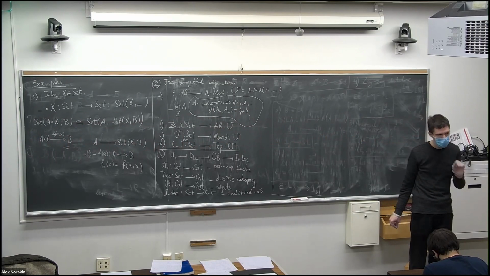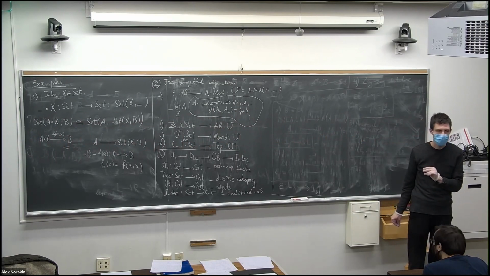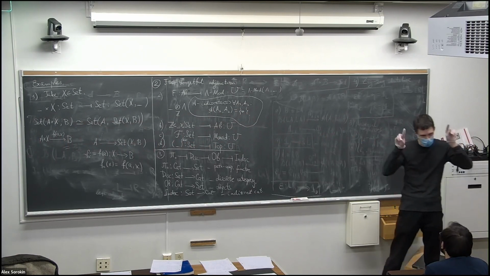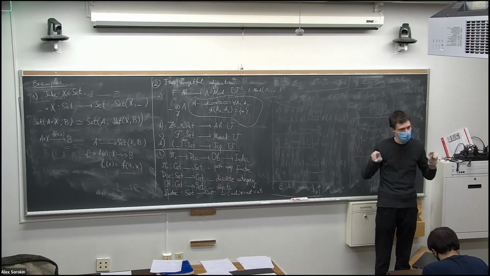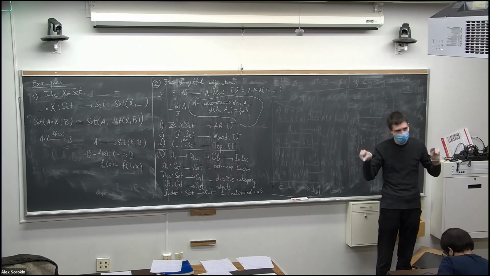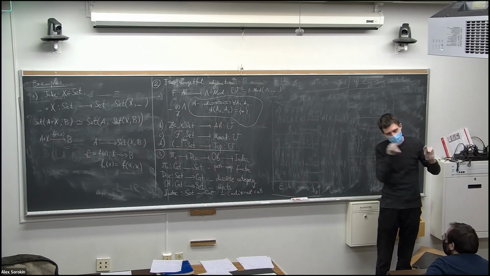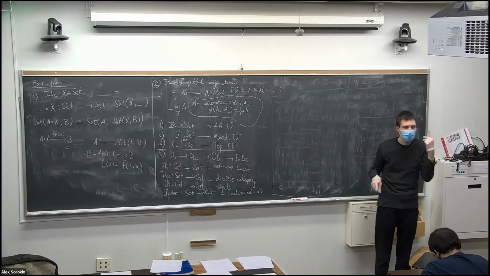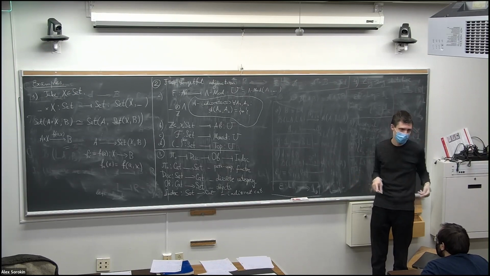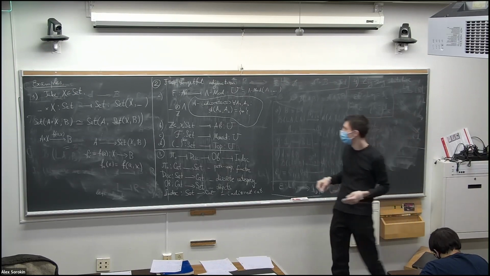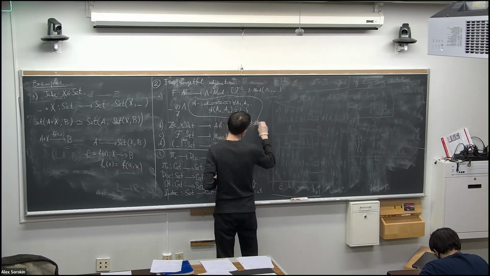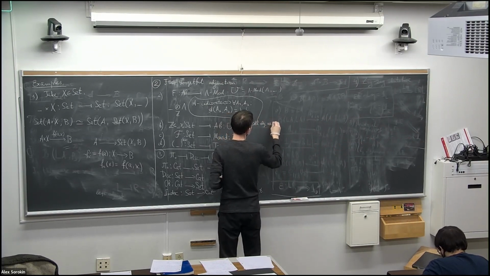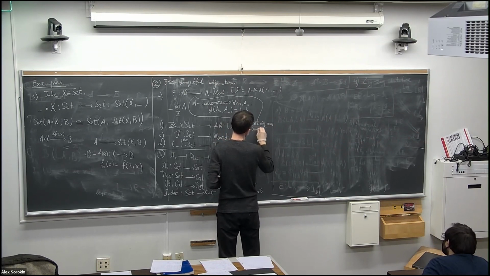From this follows that all objects are what? Isomorphic. Because if you have two objects A and B, there is always a morphism going from A to B and from B to A. But the composition of A to B and B to A will be from A to A. But from A to A exists only the identity. So from this, we know that all objects are isomorphic.